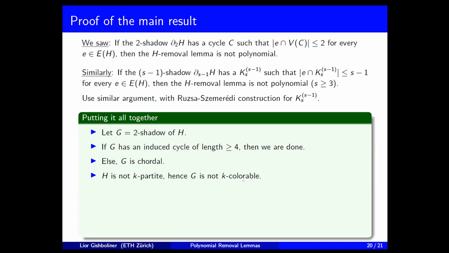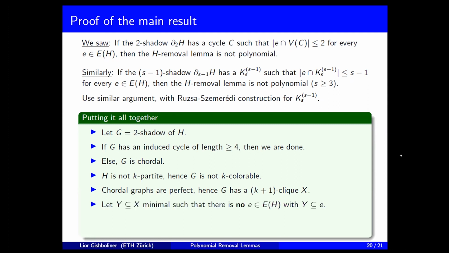So G is not k-colorable. But chordal graphs are perfect. So if G is not k-colorable, it must have a clique of size k plus 1. Let's call this clique X. Now let's take a subset of X, let's call it Y, which is minimal among all subsets that have the following property: there is no edge of H that contains Y. Okay, let's take a set that is not contained in any hyperedge and is minimal with respect to this property.